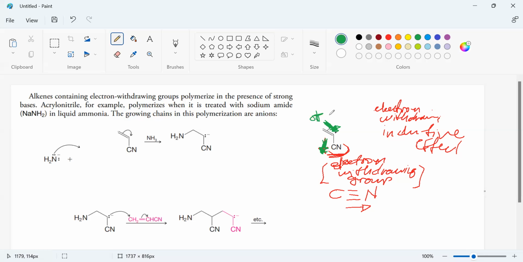Is it clear, partially positive, this end here, again by virtue of electron withdrawing, the inductive effect?